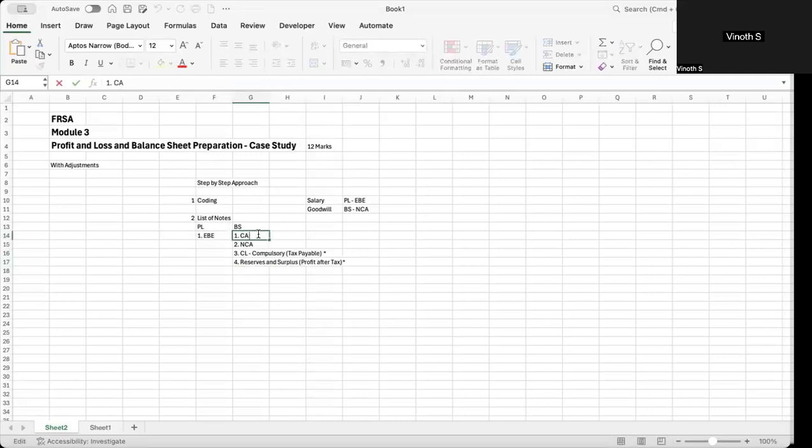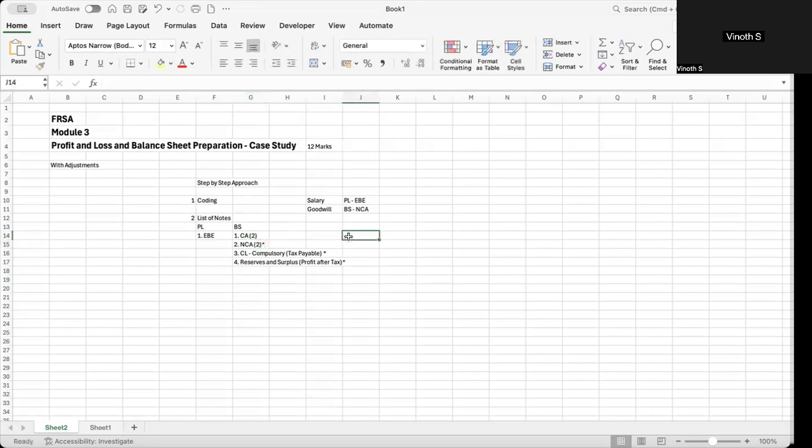If two current asset items are there, say cash and inventories, I put the number 2 in brackets. Similarly, if two non-current asset items are there, say plant, property and equipment and goodwill, and the plant, property and equipment has an adjustment, I put a star mark.